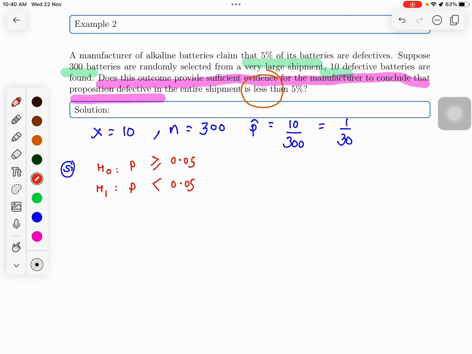Okay, for the second step, sketch this. Since our alternative is less than, our rejection region will be at the left tail, and this one is a left tail test, right?